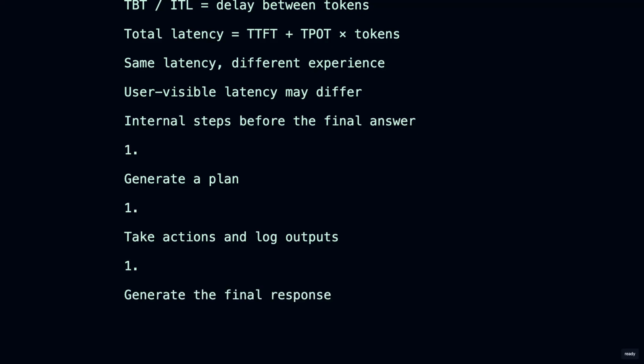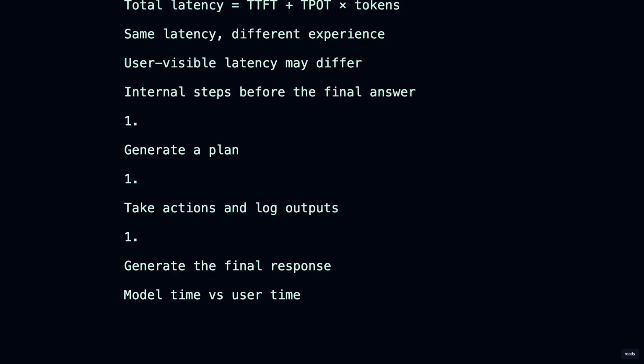So when you measure TTFT for an agent, you usually want the first visible token, not the first internal token. That difference is the key point. The model may start generating early, but the user only experiences latency when the final answer begins to appear.